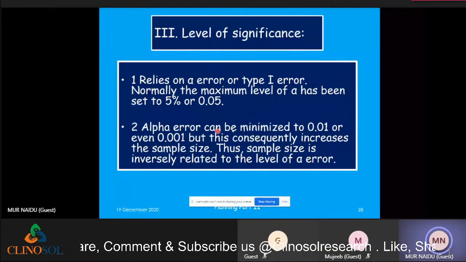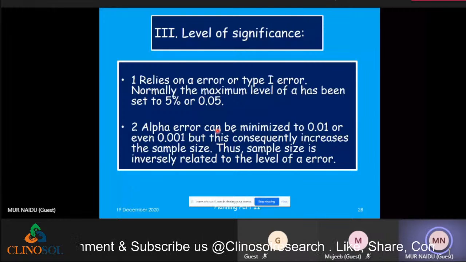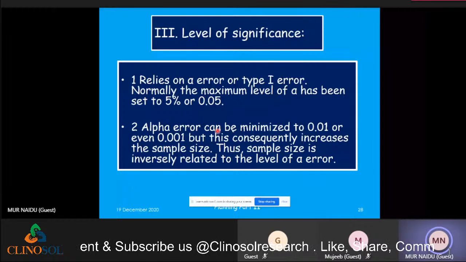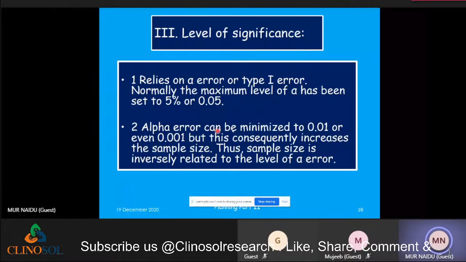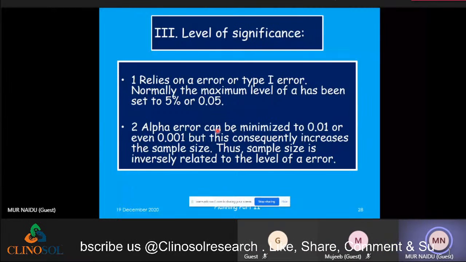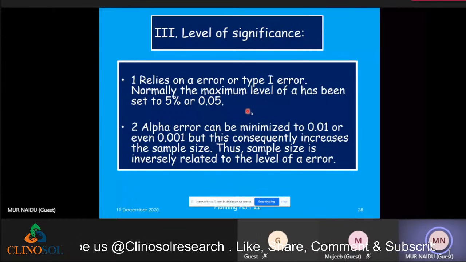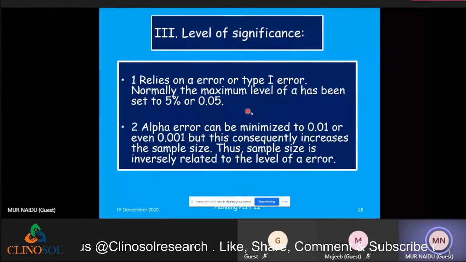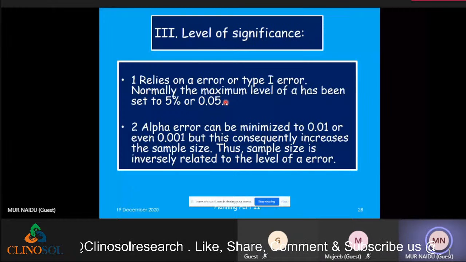Most of the time it is best to use 0.05. But if your method is sensitive and very good, even 0.01 or 0.001 can be put. But commonly, P is kept at 0.05. So this is your type 1, known as alpha error.